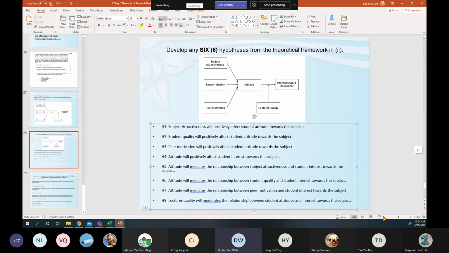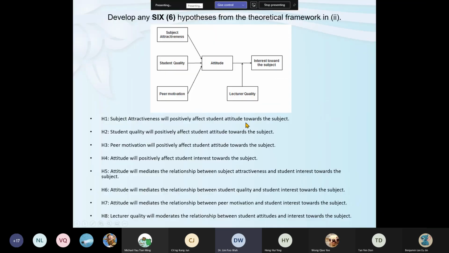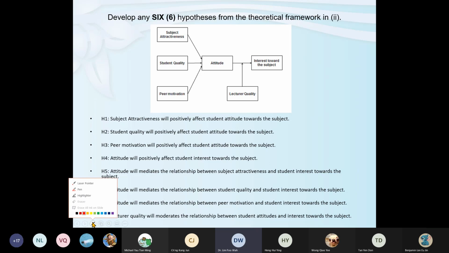Just now we said that this is the IV, the mediating variable, the DV, and this will be the moderating variable.